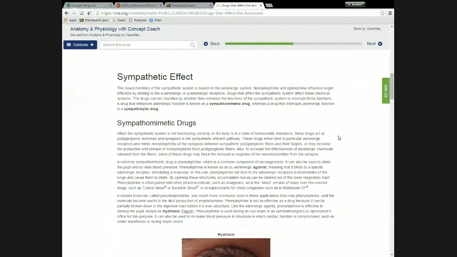And under the sympathetic side, a broad classification is basically just positive or negative effects on the system. So sympathomimetic drugs are drugs that mimic the sympathetic system. So they act the same as norepinephrine, essentially.